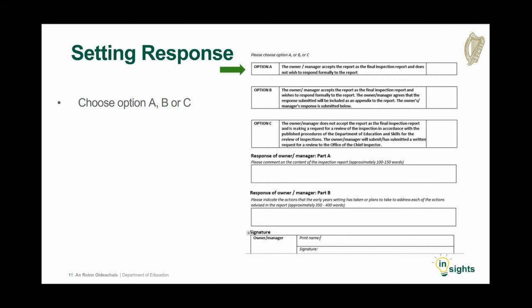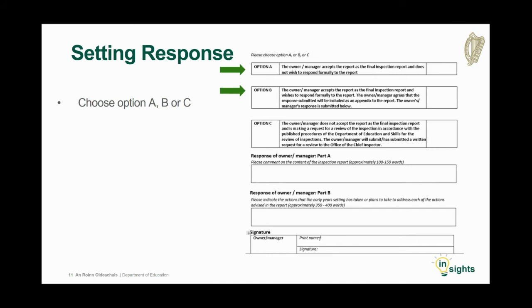Option A, the owner or manager accepts the report as the final inspection report and does not wish to respond formally to the report. Option B, the owner or manager accepts the report as a final inspection report and wishes to respond formally to the report. The owner or manager agrees that the response submitted will be included as an appendix to the report.